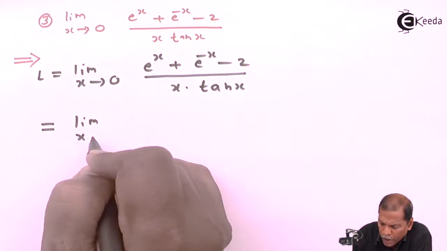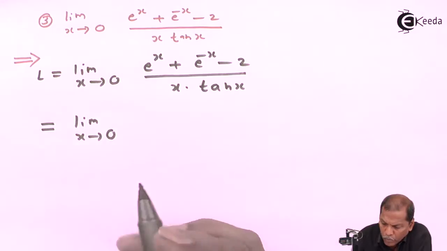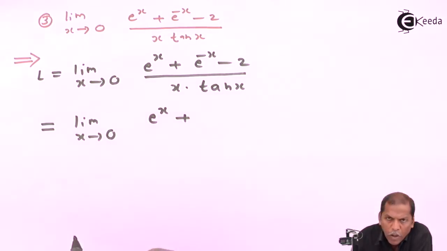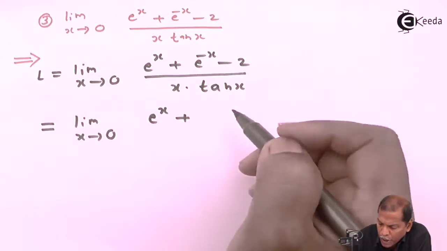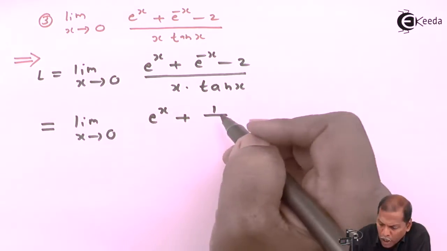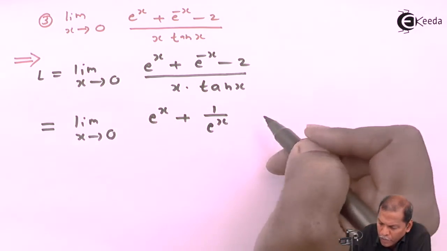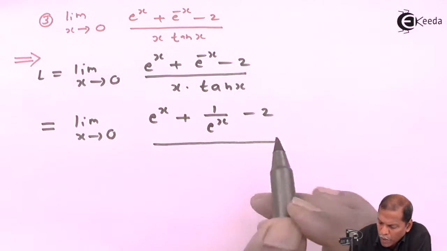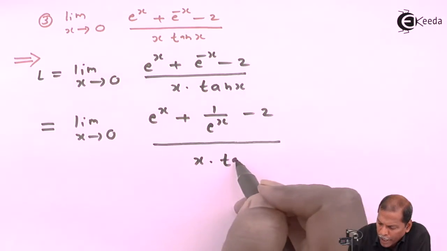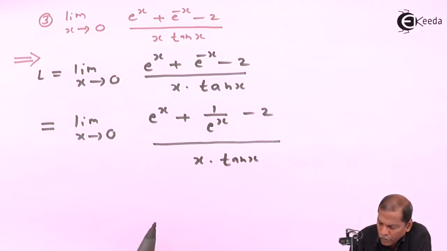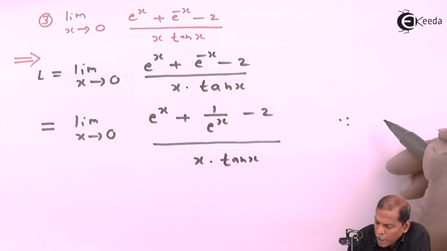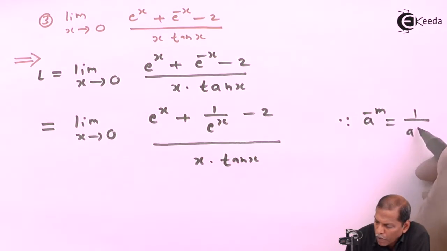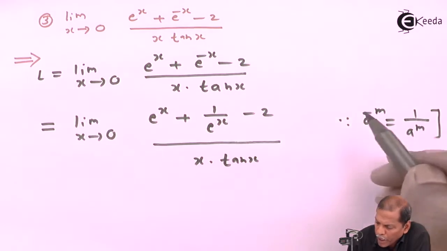That equals the limit as x tends to 0: e^x we write as it is, plus e^(-x), which by the indices law can be written as 1 upon e^x. Then we write minus 2 as it is, and the whole thing is divided by x into tan x. Here we use the indices rule: a^(-n) can be written as 1 upon a^n.